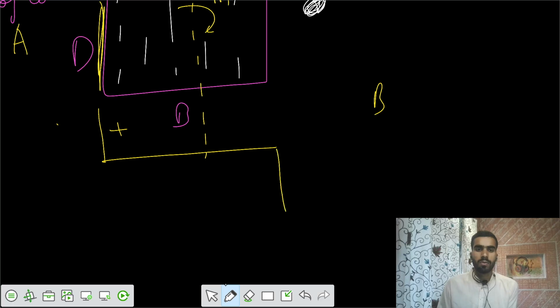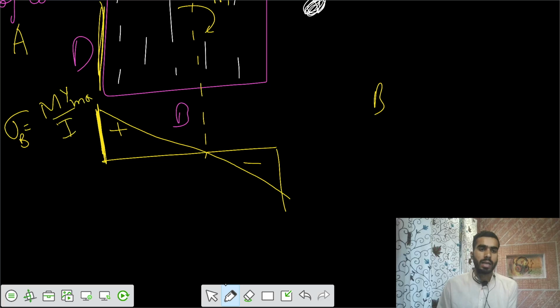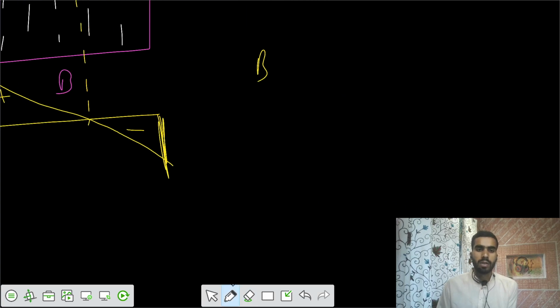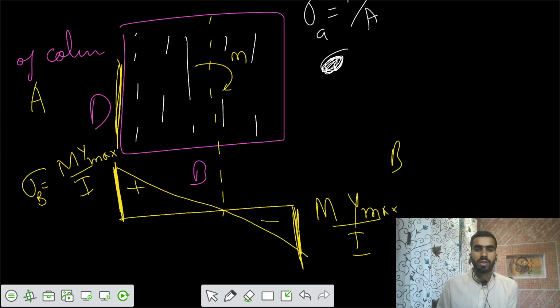So there is development of tensile stresses from side A, and compressive stresses from side B. Point A is at the extreme. So point A has a bending stress sigma equals M y max by I. Similarly, from this side we have stress M y max by I, but one is compressive and the other is tensile.